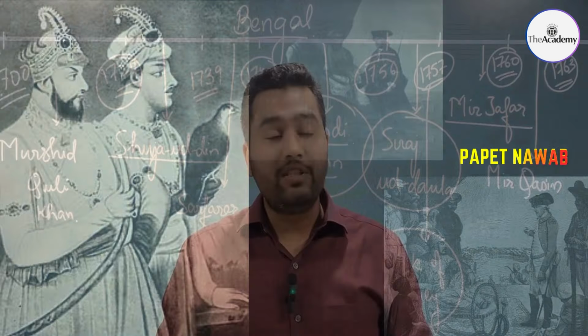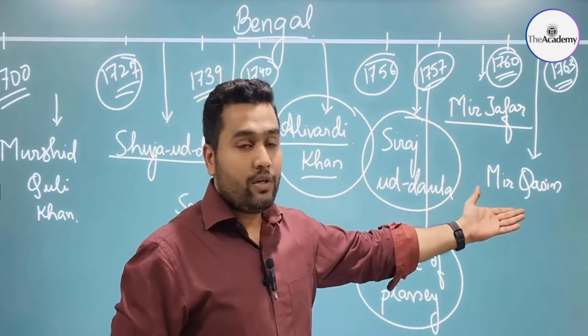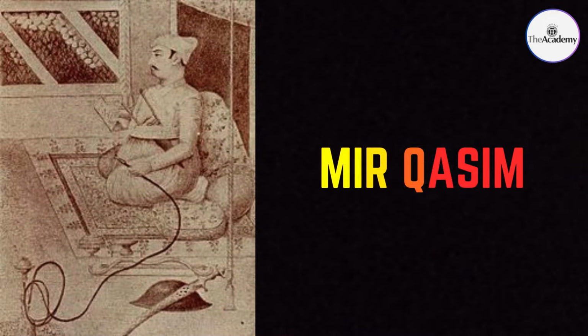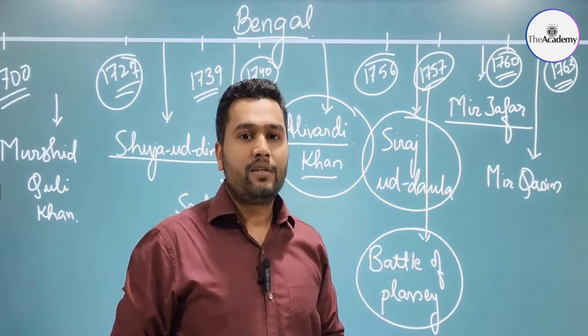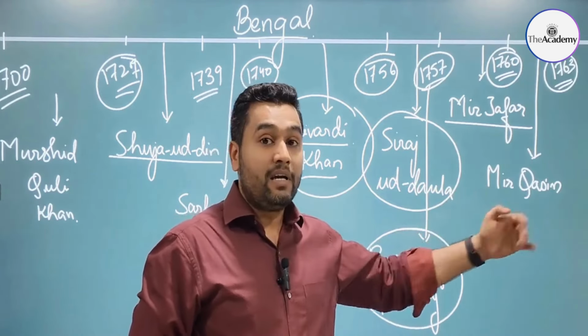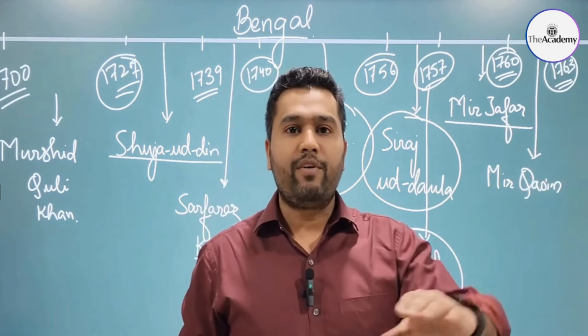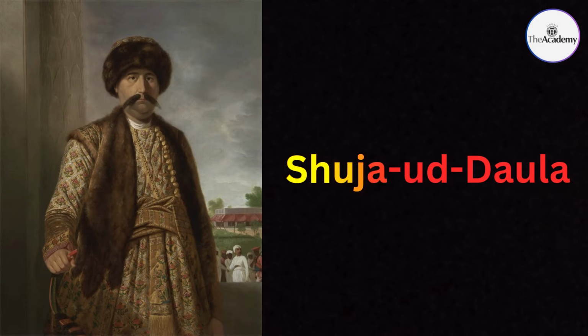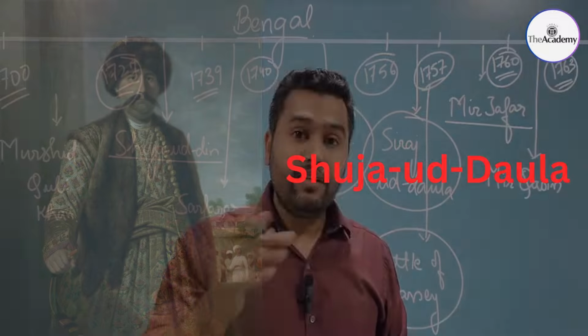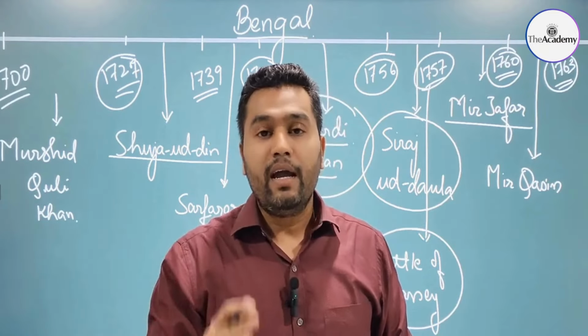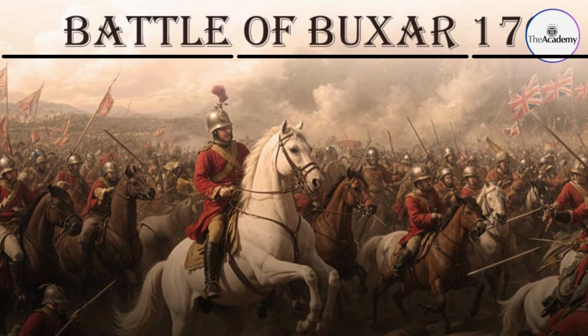And therefore, in 1763, there was a confrontation between Mir Qasim and the English. This led to Mir Qasim seeking help from the Nawab of Awadh, Shuja-ud-Daula, and enlisting the support of Shah Alam II, and thereby fighting the Battle of Buxar in 1764.